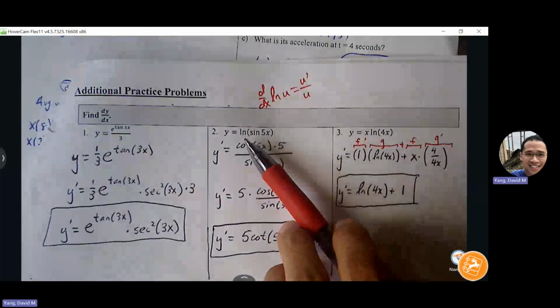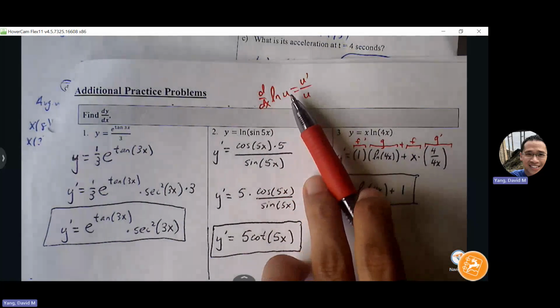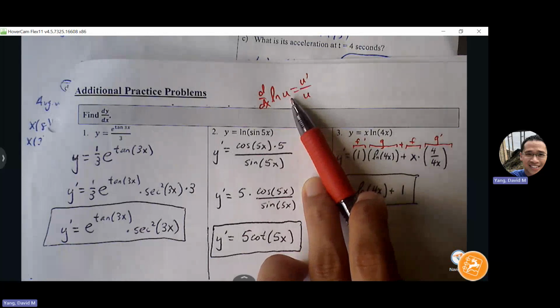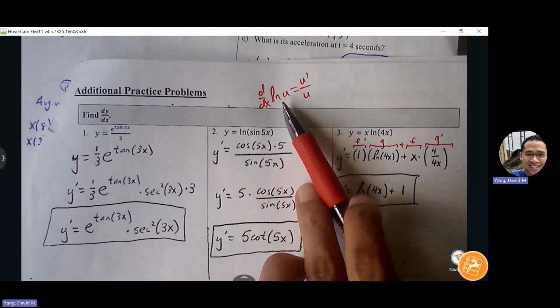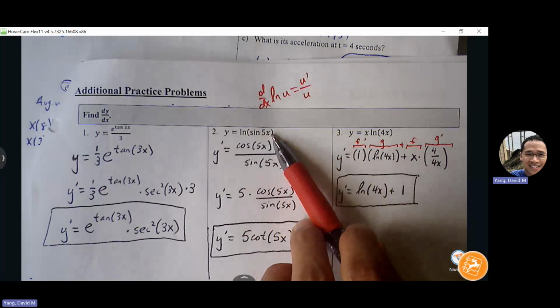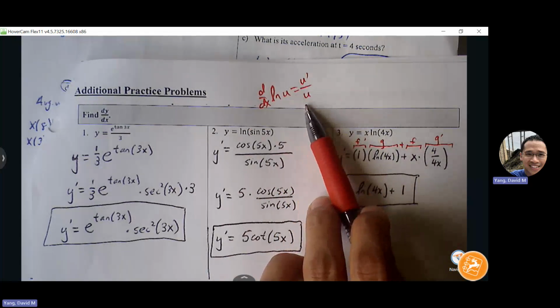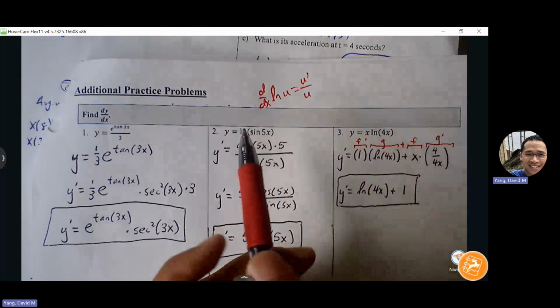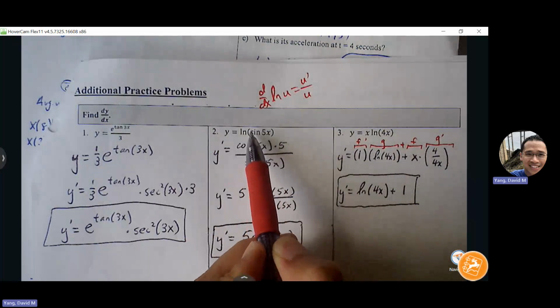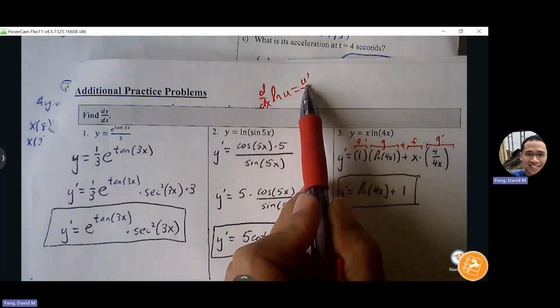So for number 2, you can see that sine of 5x is clearly in that inside that natural log expression. So we have to just follow the rule. And the rule says take the derivative of sine 5x, put it in that numerator slot, and then take the sine 5x and keep it in that denominator. So we basically have to ask ourselves, what is the derivative of sine 5x? And that is going to go in the numerator space because that's what it's asking for natural log of u.